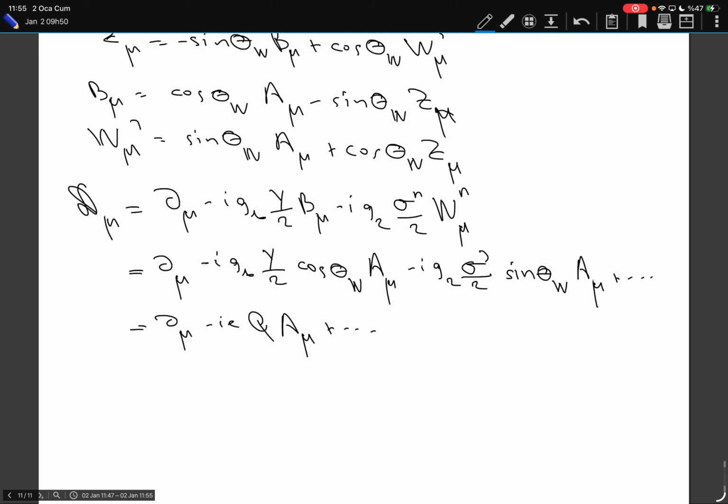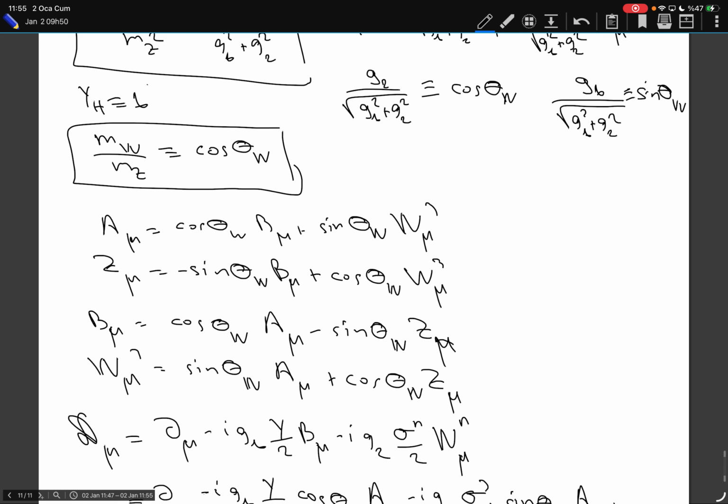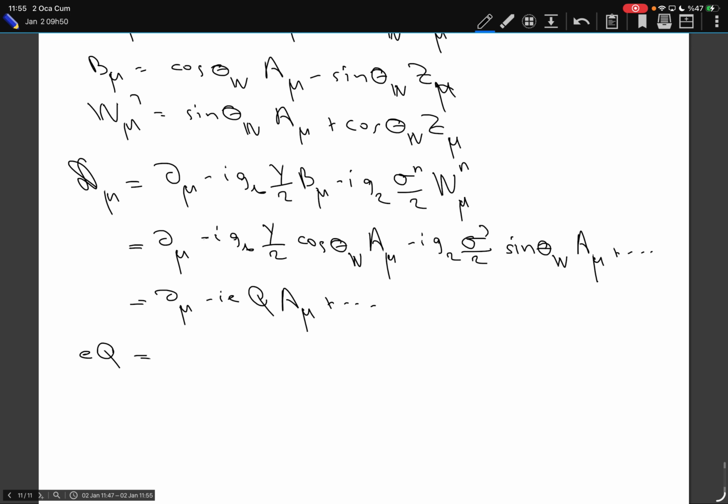So e times Q is equal to, now remember cosine theta Weinberg was G2 over that coefficient. So G1 times cosine theta Weinberg is actually equal to G2 times sine theta Weinberg.